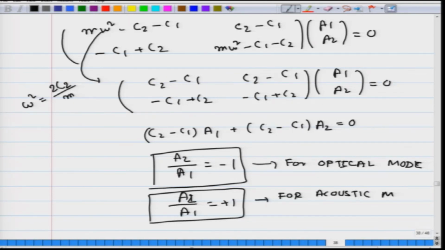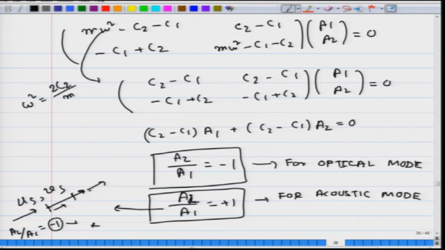This means that here A2 by A1 is plus 1, so both Us and Vs will move with the same amplitude and in the same direction. And here A2 by A1 is minus 1, so they both, Us and Vs, will move in opposite directions, but with equal amplitude.